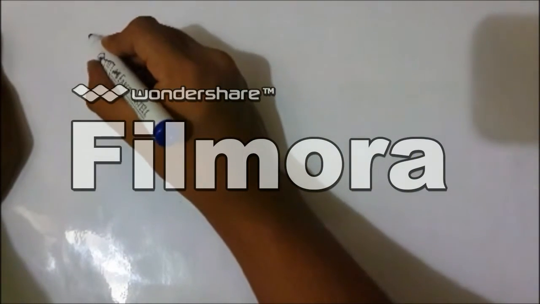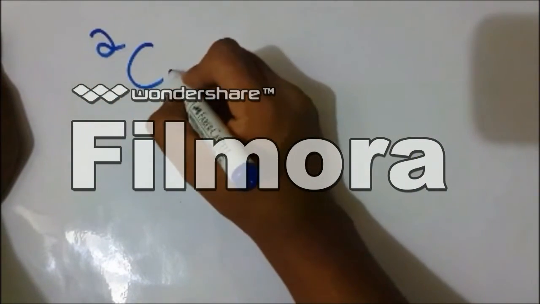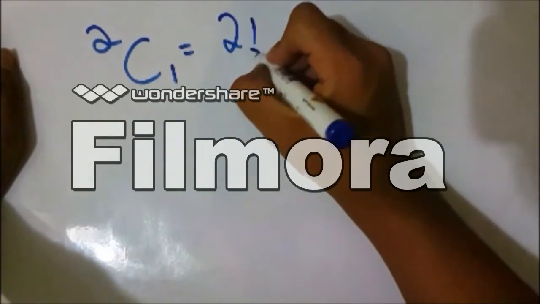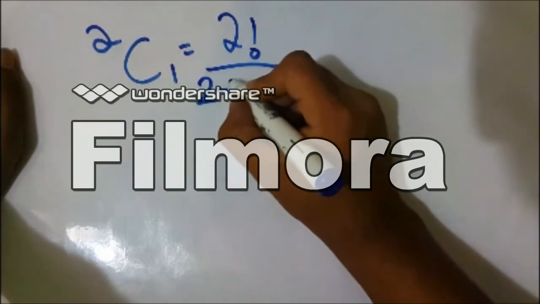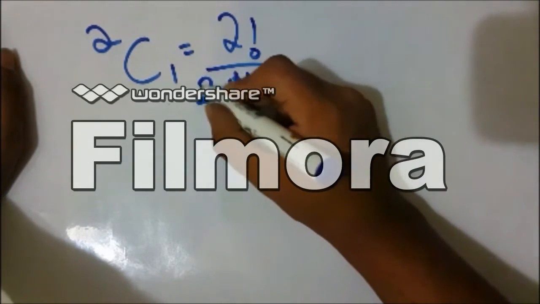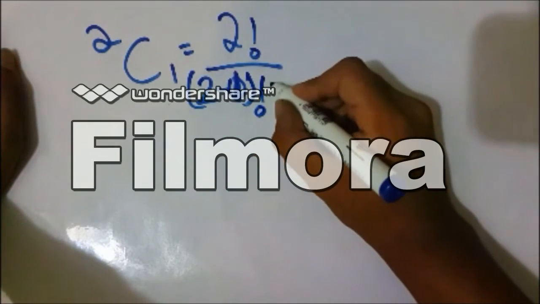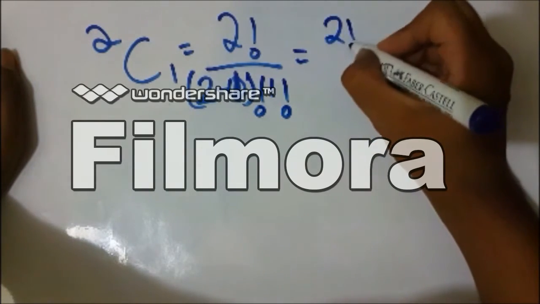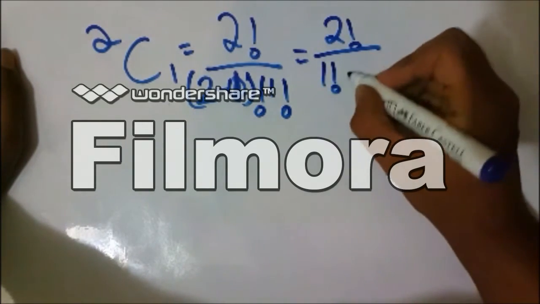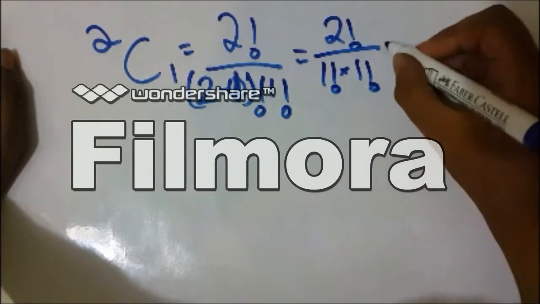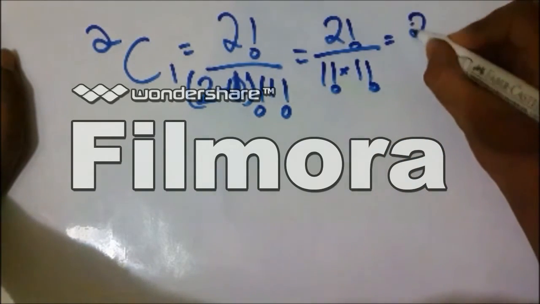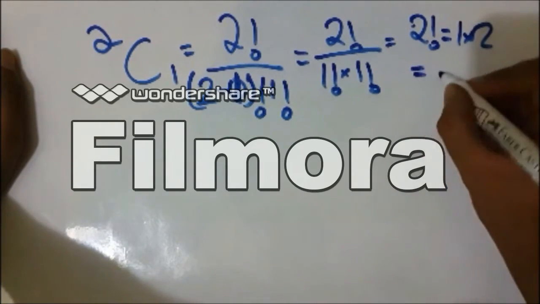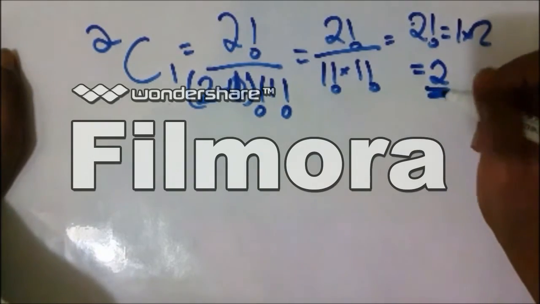Now 2C1 is equal to 2 factorial by (2 minus 1) factorial into 1 factorial, which is 2 factorial by 1 factorial into 1 factorial, which is 2 factorial, equal to 1 into 2, hence is equal to 2. We found the number.